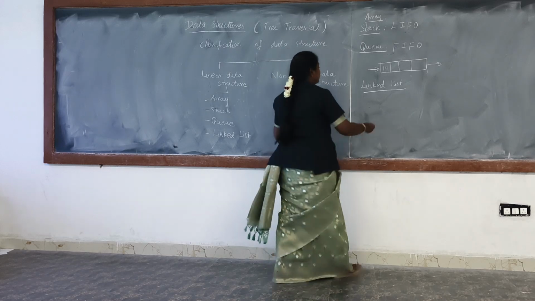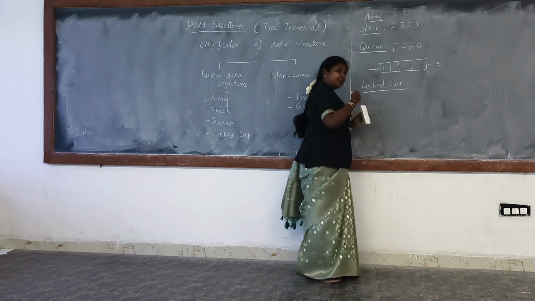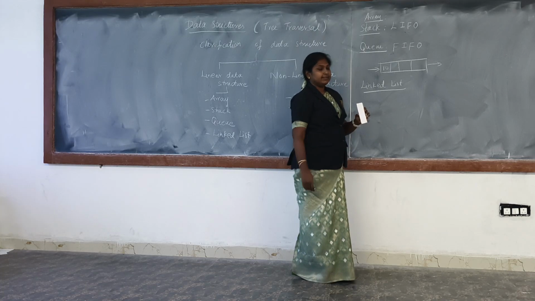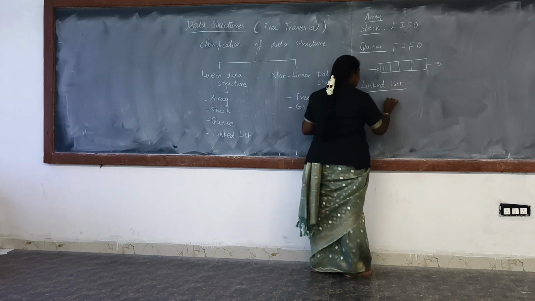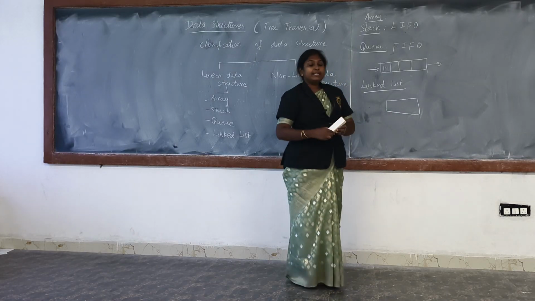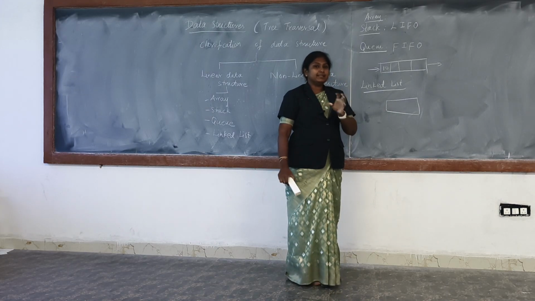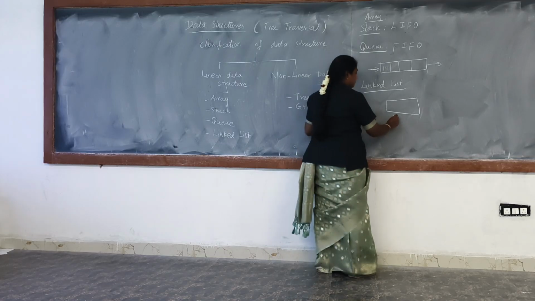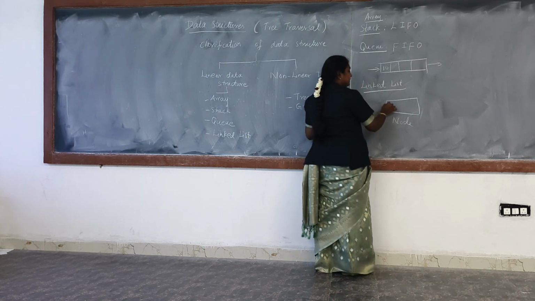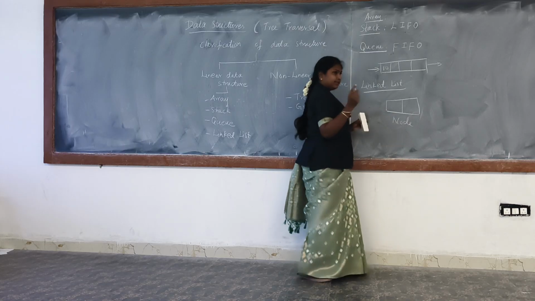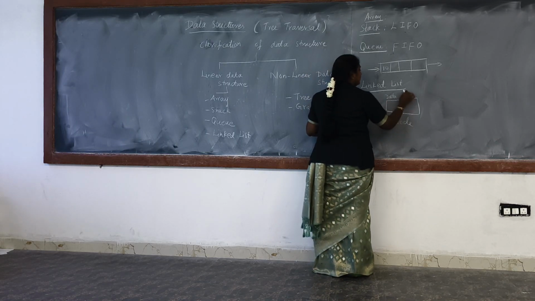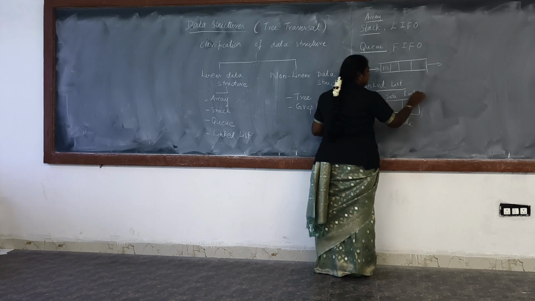The linked list is dynamic because when you want to insert an element, you can increase the size of the linked list. For each element you will consider a node. This is a node for storing a single element. For a single element there are two segments, one is the data segment, the other one is the link segment.